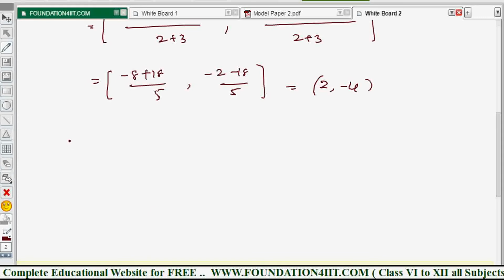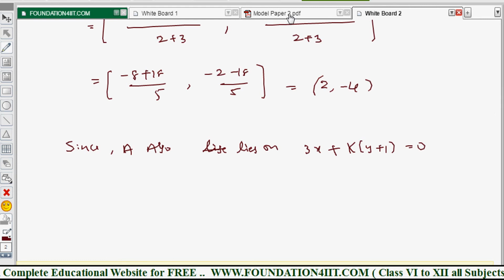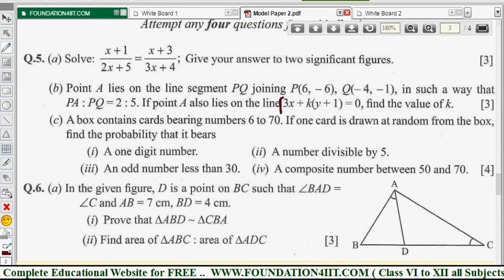Since A is (2, -4), and according to the condition A also lies on the given equation 3x plus k into (y plus 1) is equal to 0, in the place of x and y we will substitute the values.